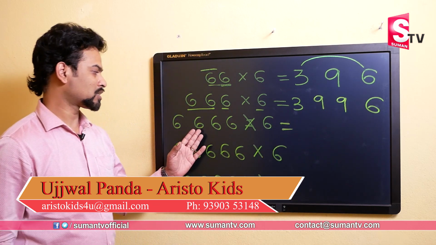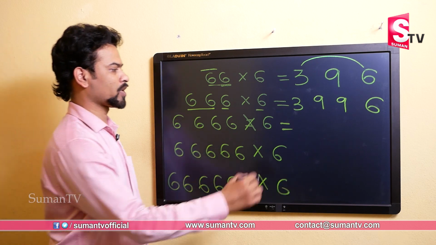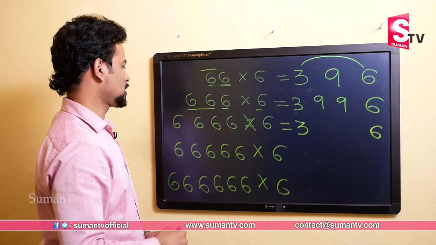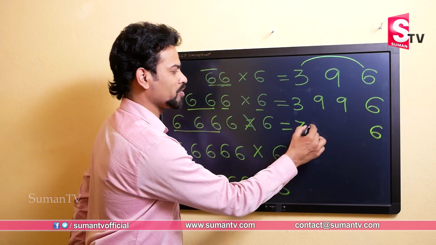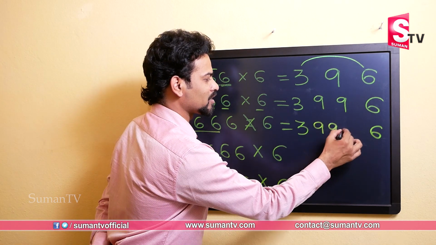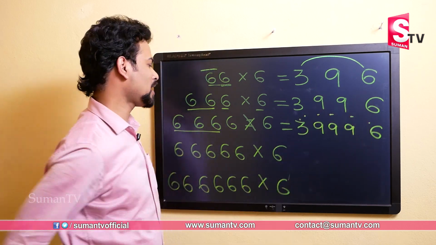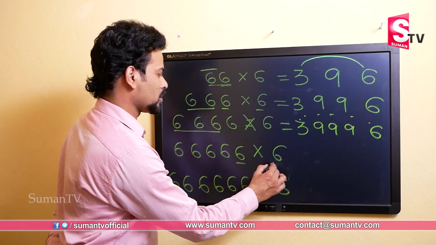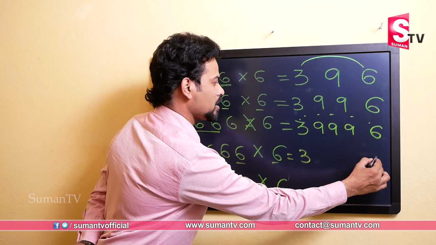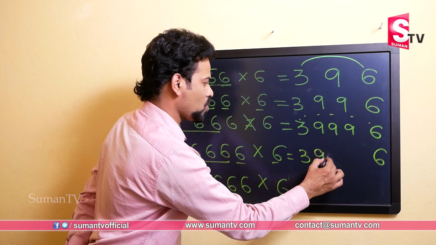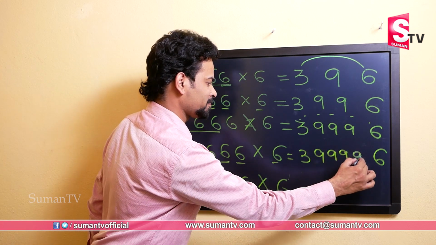Here, 6666, same, we will place 3 here and 6 here. Now 3 6's are left, so we will place 3 9's here. How are these 9's coming? We are adding the first digit with the last digit. Here also it will be 3 and 6, and 4 6's are left, so we will put 4 9's here.